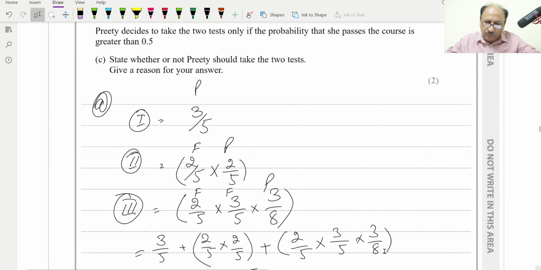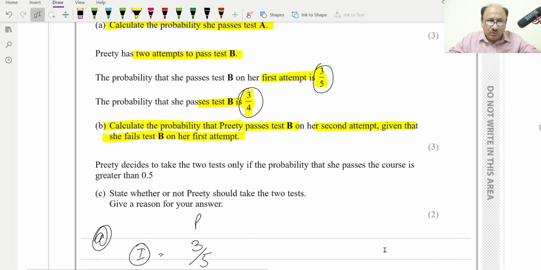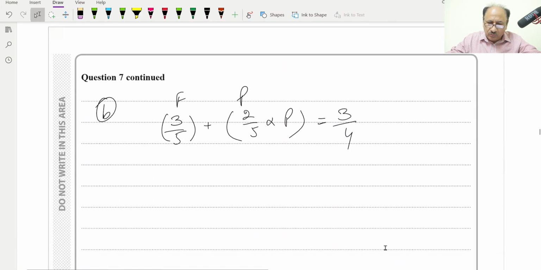The probability that she passes test B is 3 by 4, and first attempt pass is 3 by 5, so the remaining will be 2 by 5 for the second attempt. So we have multiplied 2 by 5 over here. This will be the situation in the case of pass.